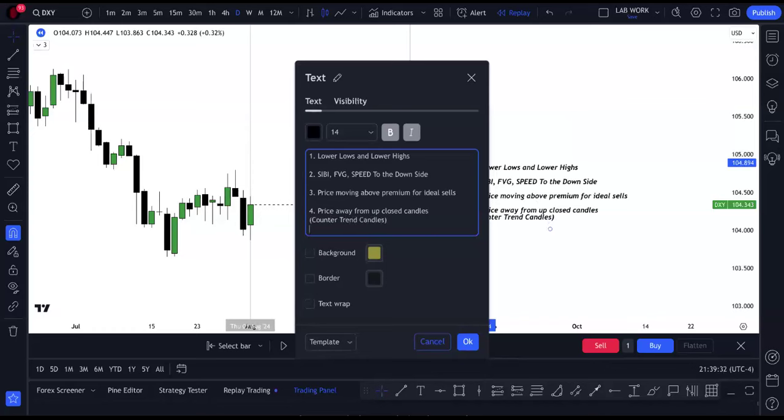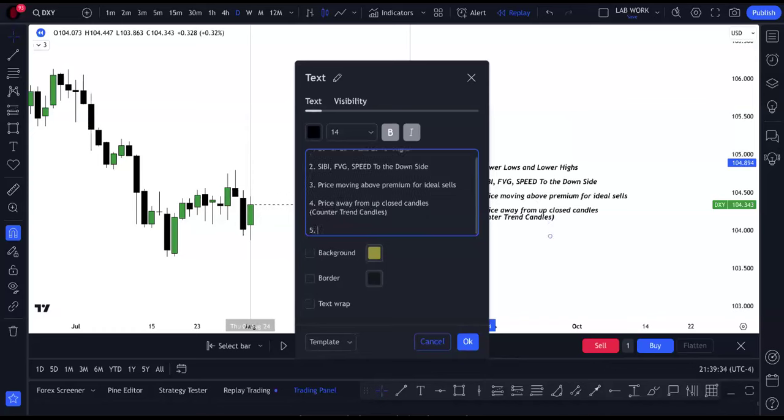Perfect. Number 5, what else was it? Yes, swing high taken. Okay, close. Flip it. What's the opposite to swing highs being taken? Because it's a bearish idea. Swing what? Wait for it.